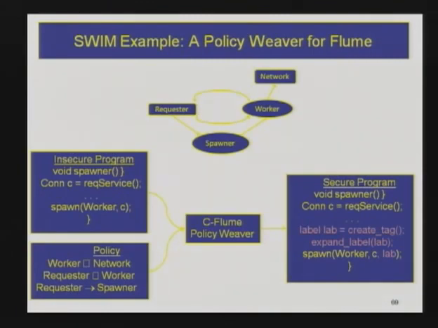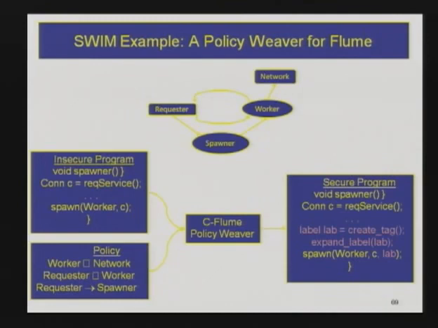Okay, and then we have something called the C-Flume Policy Weaver. And all the label manipulation code that Flume needs comes automatically. Okay, and the magic here is that we have a constraint system that essentially represents all the Flume semantics, what it means to manipulate labels, all your policies, and all constraints that we get from the program, and feeds it to an SMT solver, and the solution actually corresponds to synthesizing the code.